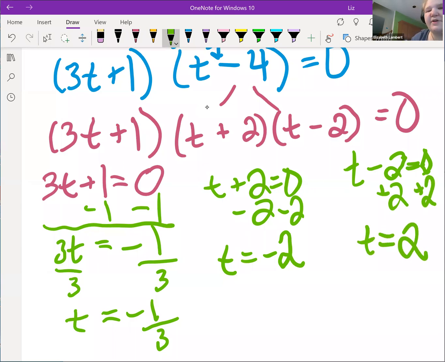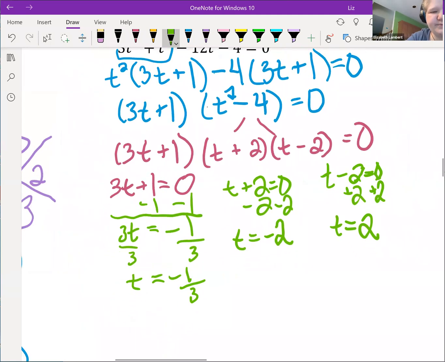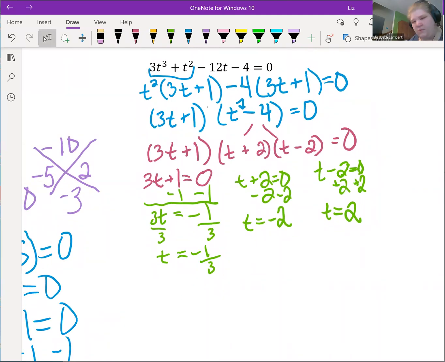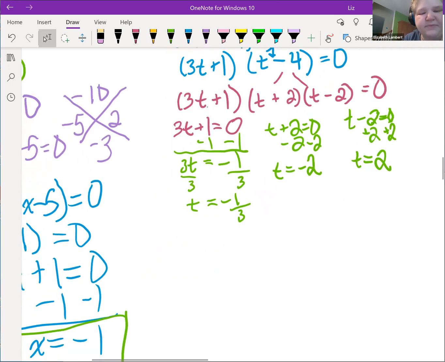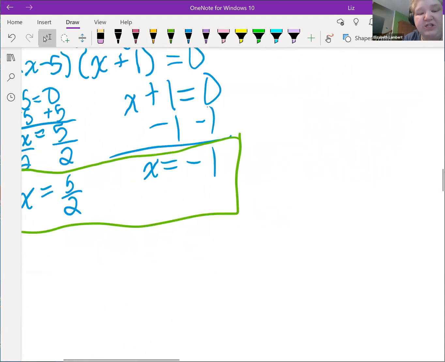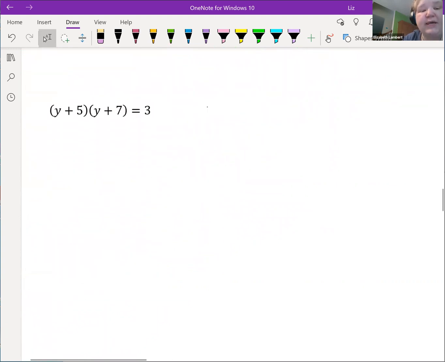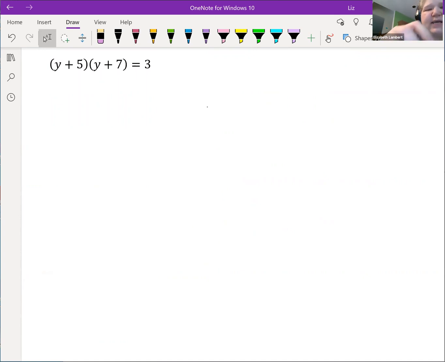So there are our lovely 3 answers. So we even have all the skills to tackle some cubics. And eventually we're going to learn how to get the graphing calculator to really work for us and give us answers.